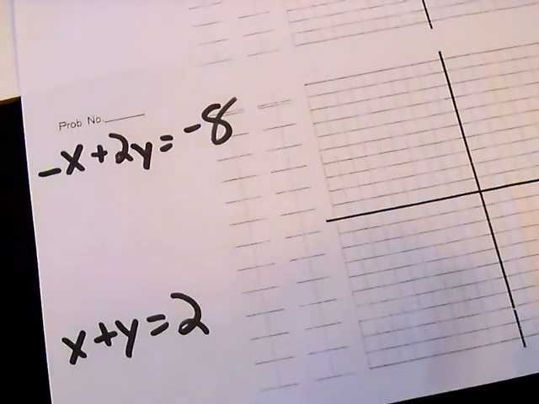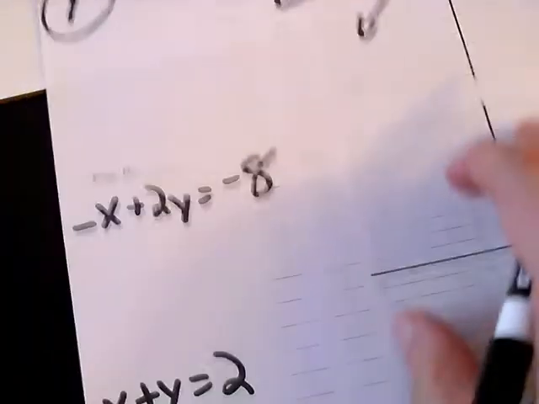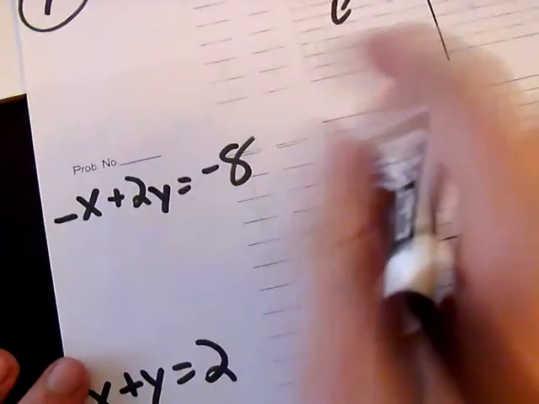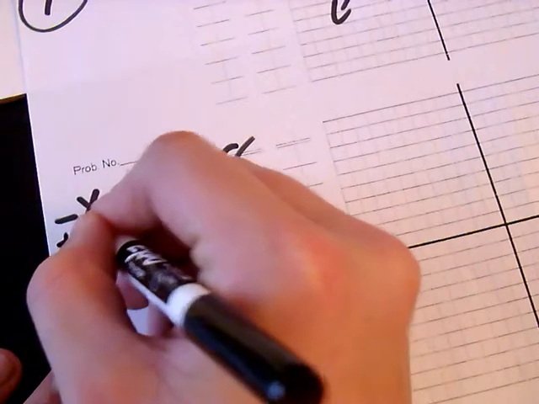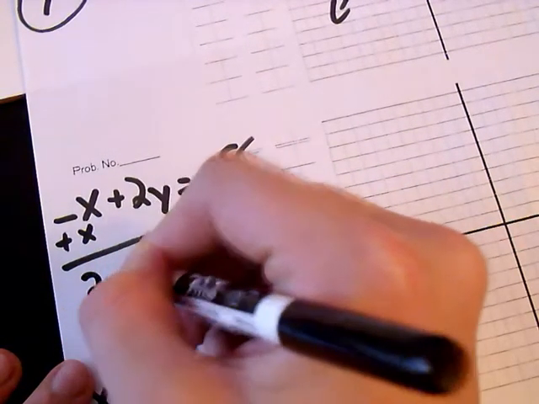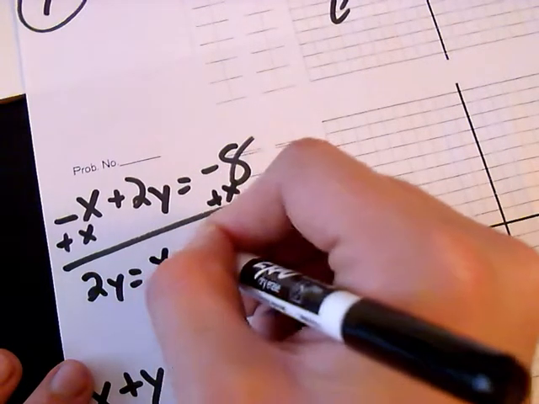Now, this one's a little different. These two we talked about had y equals and y equals. These ones do not. What you have to do for these is change it so that it is y equals. So to do that, I have to add x to both sides. The 2y gets left there. Now I cannot add negative 8 plus x, so I'm going to write x first.